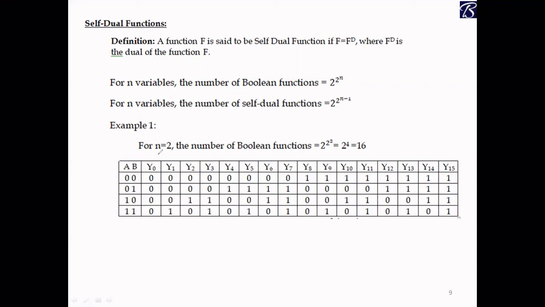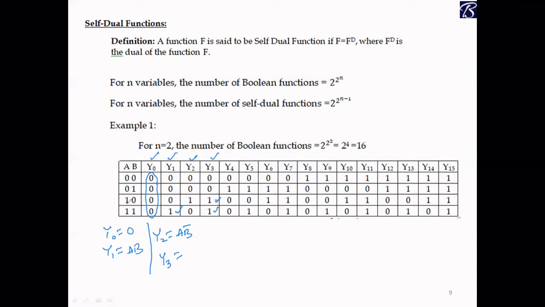Let us take y0. What is the Boolean expression when the output is all zeros? That means y0 equals 0. And what is y1? Write the expression for y1. There is a 1 here, right? What is the expression in terms of AB? So A into B. Let us take y3. What is the expression for y3? In y3, this is a 1 and this is 1.